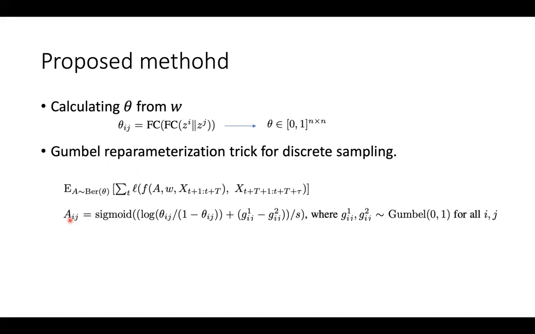I didn't check the implementation, but this sampling is also adopted in the original NRI paper. In the NRI implementation, they sampled it 3 times for each of these data to generate this AIJ. I see. And then the error is just the average of them.